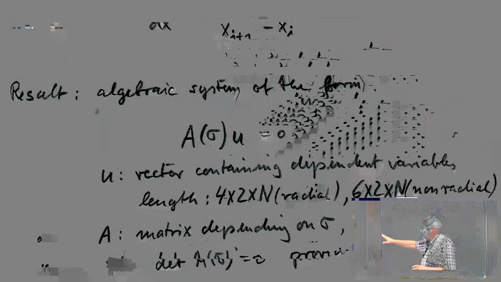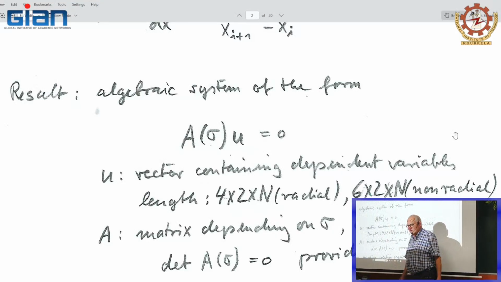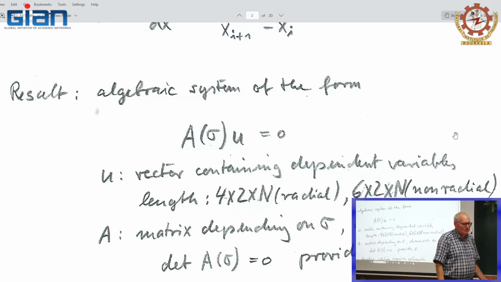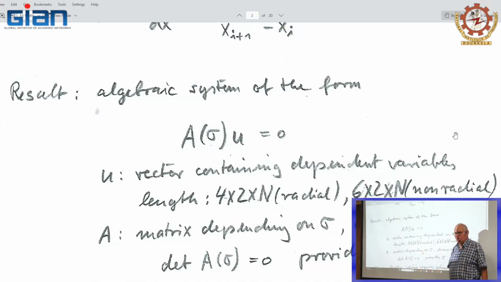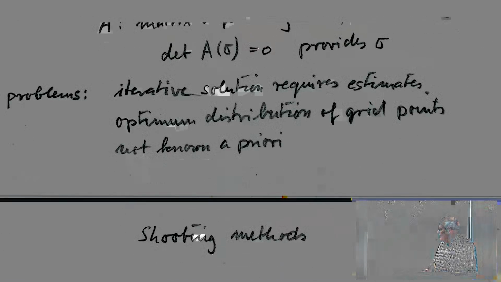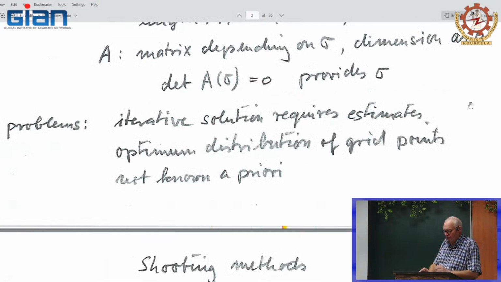If the equation has too many members, you face difficulties because the matrix A is ill-conditioned and you cannot solve this equation to sufficient accuracy. The problem is that for the iteration we need to know the optimum distribution of grid points.